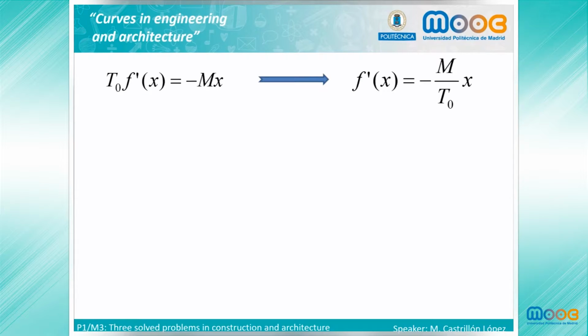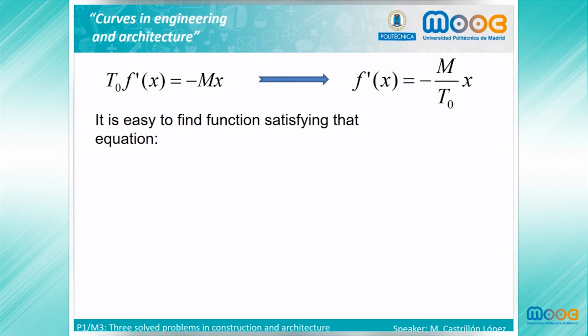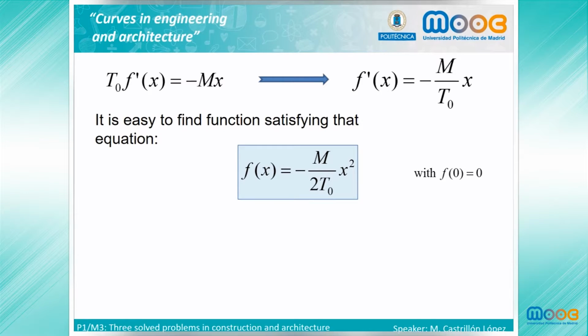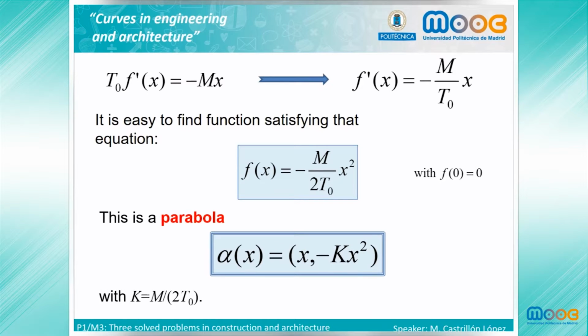Solving for f prime, it equals minus m over T0 times x, and it's easy to find a function satisfying that equation. It is a quadratic polynomial, and its graph is a parabola. The parametrization gives a parabola as its trace, and the constant depends on the mass density and the force at the top point.